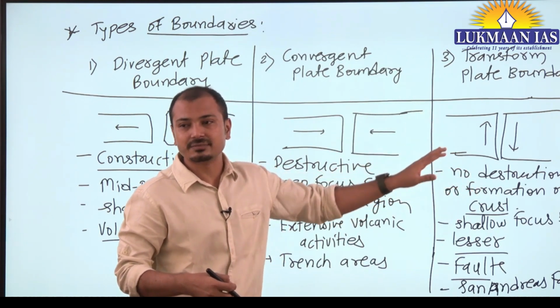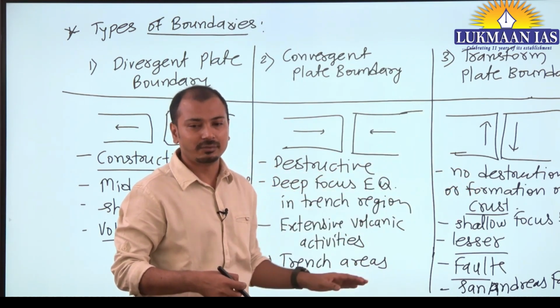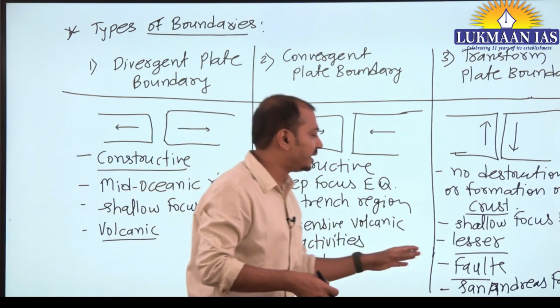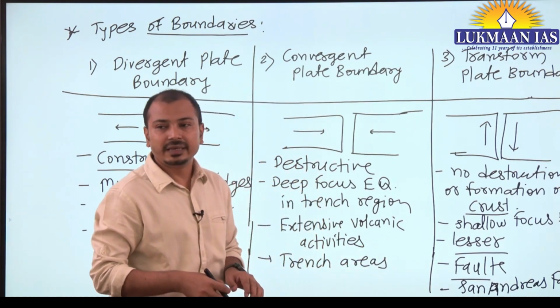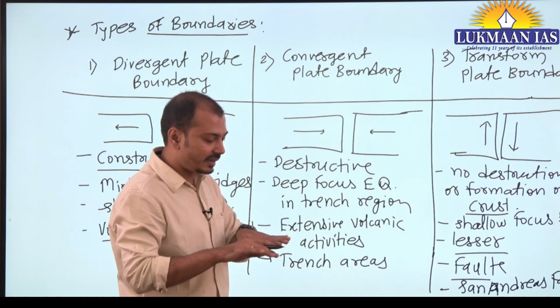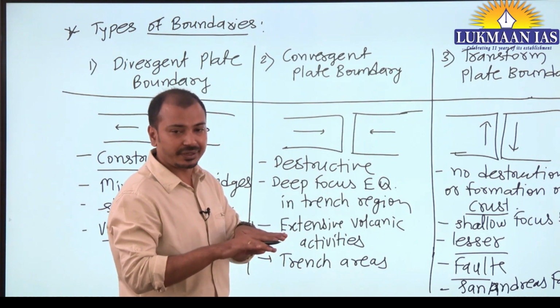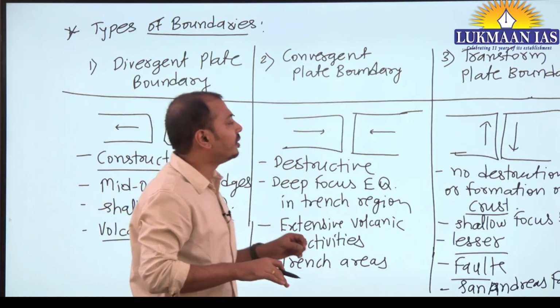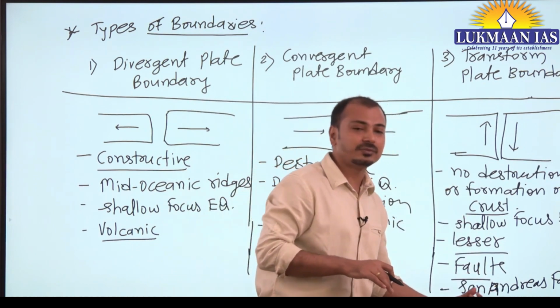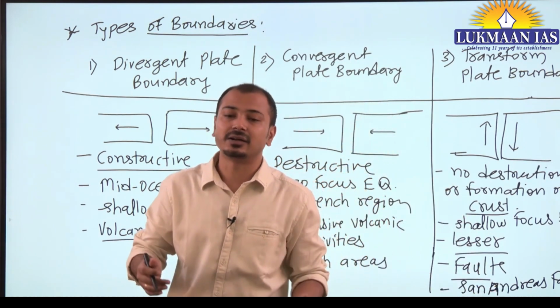Along the western boundary of North America, this San Andreas Fault is located. There the small plate is sliding past the large plate, and because of that many times the energy is released as earthquake.